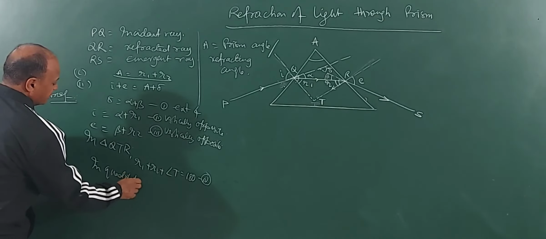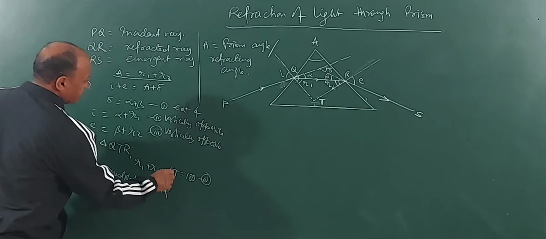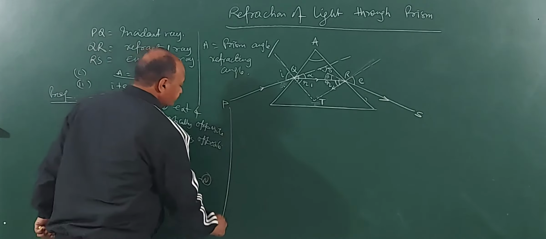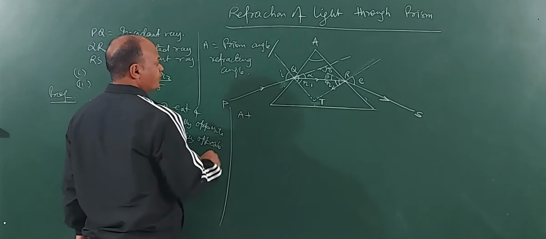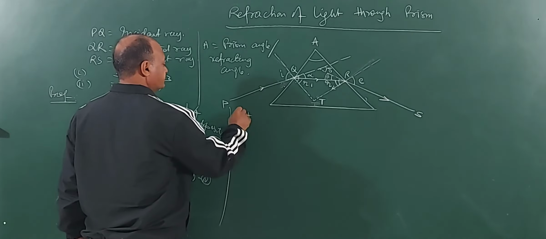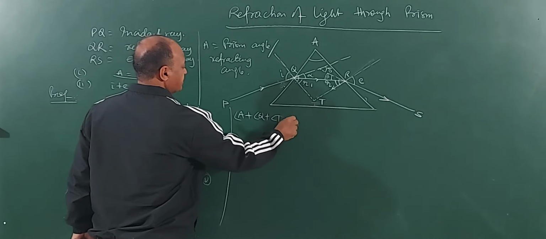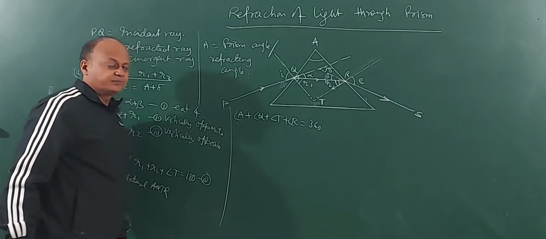Now, in quadrilateral AQTR, if you look at quadrilateral AQTR, children, then you have angle A plus angle Q plus angle T plus angle R will be equal to how much? 360 degree.